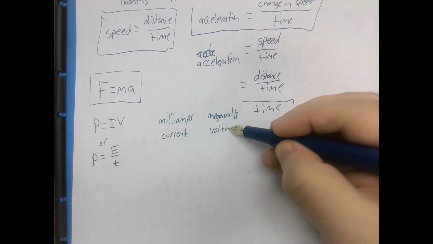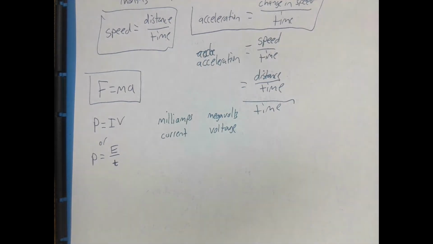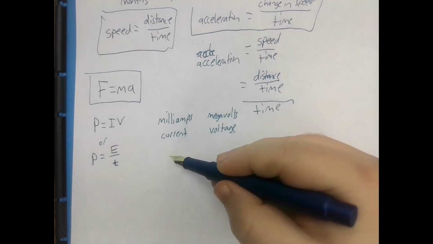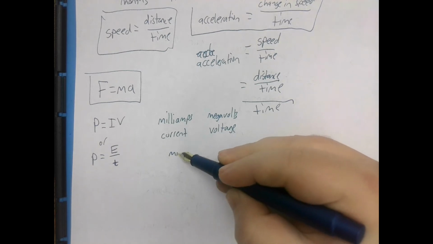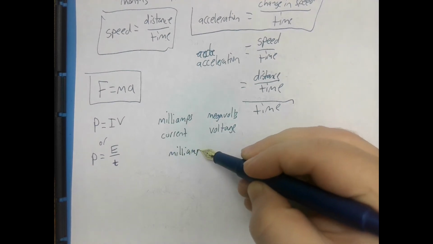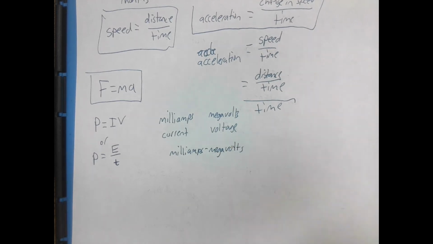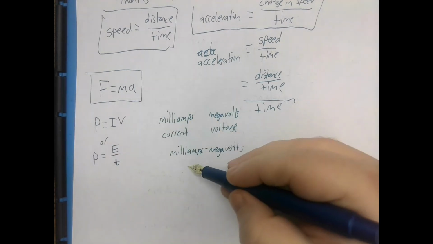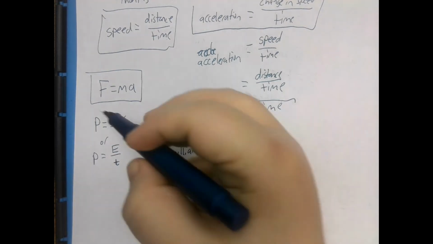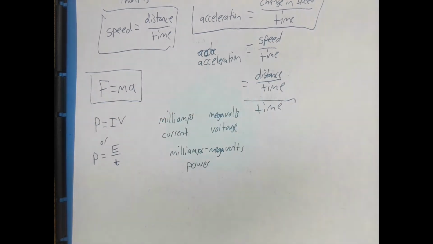A voltage? So what would milliamps, megavolts be a unit of? Power. Because power is current times voltage.